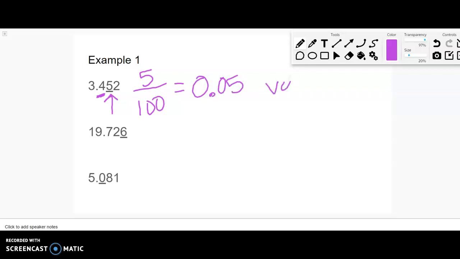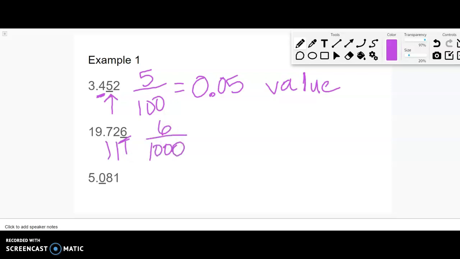Again, that is the value of that number. If it were to ask what place is it in, it's in the hundredths place, like you wrote all the places on the last slide, but its value is 5 hundredths. This 6 here, what is its value? Well, tenths, hundredths, thousandths, so it is worth 6 thousandths.